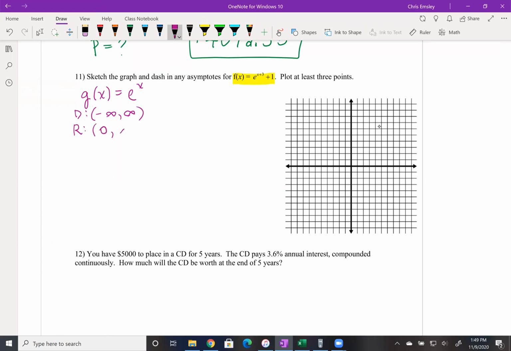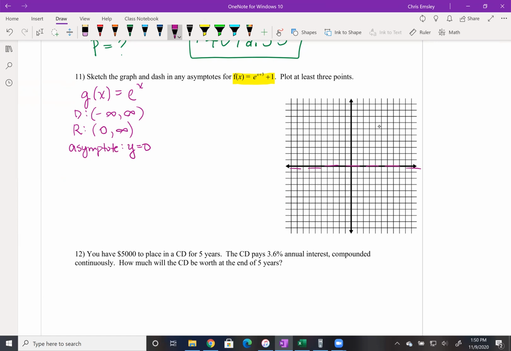It's only positive values that we get for y. And any parent exponential function has an asymptote at y equals 0. It has a horizontal asymptote, okay? So real quick, I'm just going to sketch in what that parent function looks like.